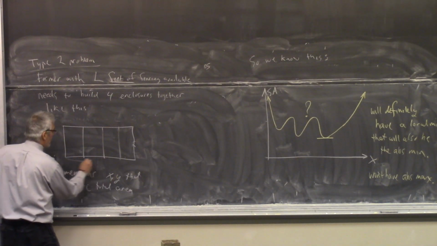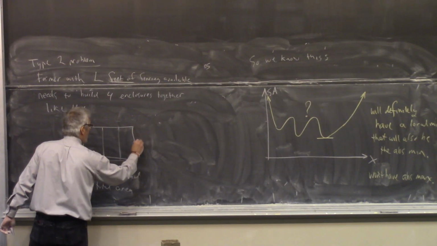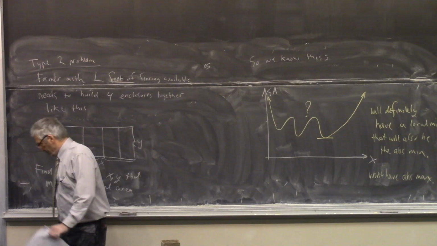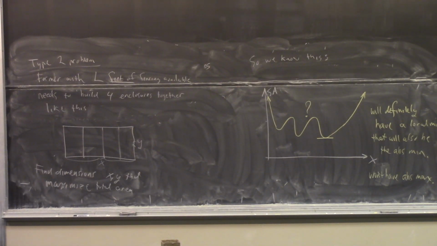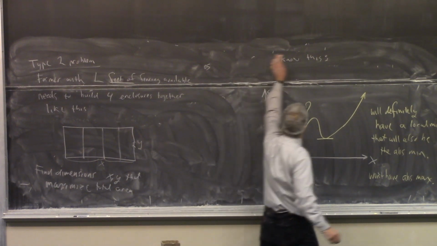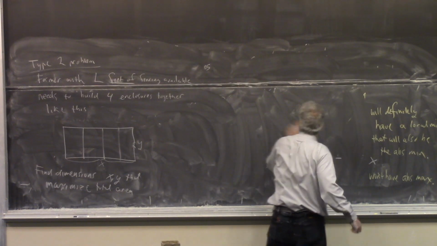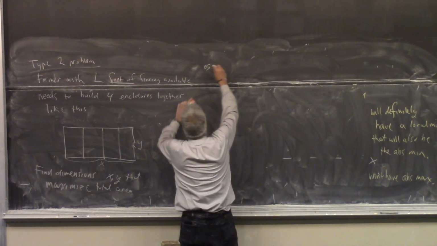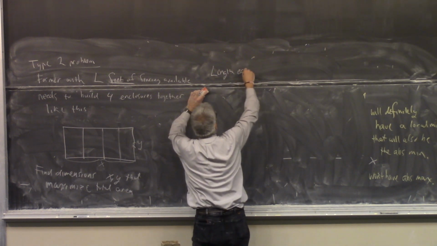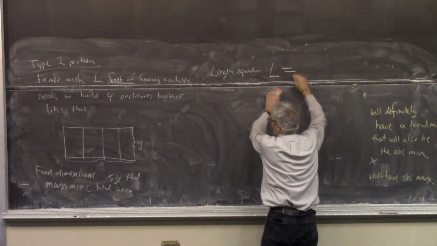Well, the dimensions I want to think about are this x and this y. So I have a length equation, which is L, that's how much fence the farmer has.